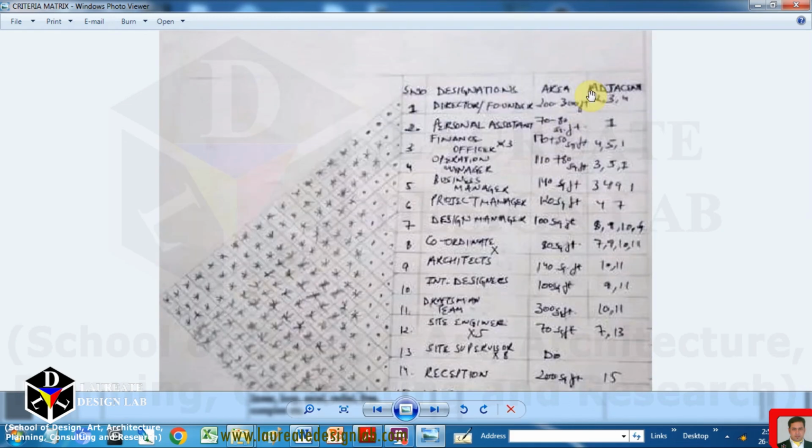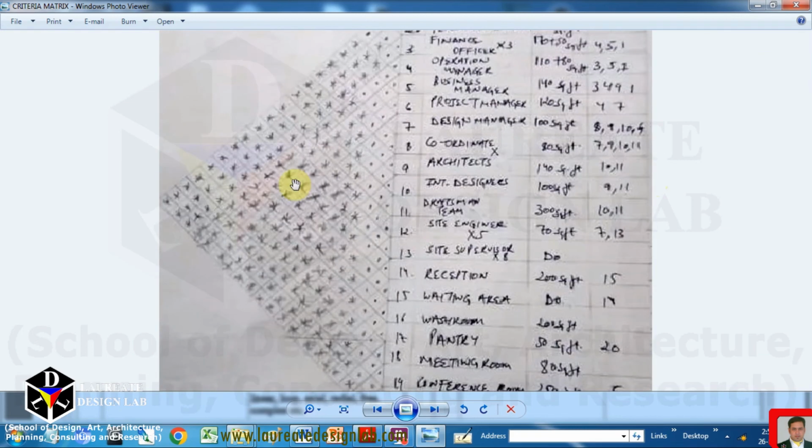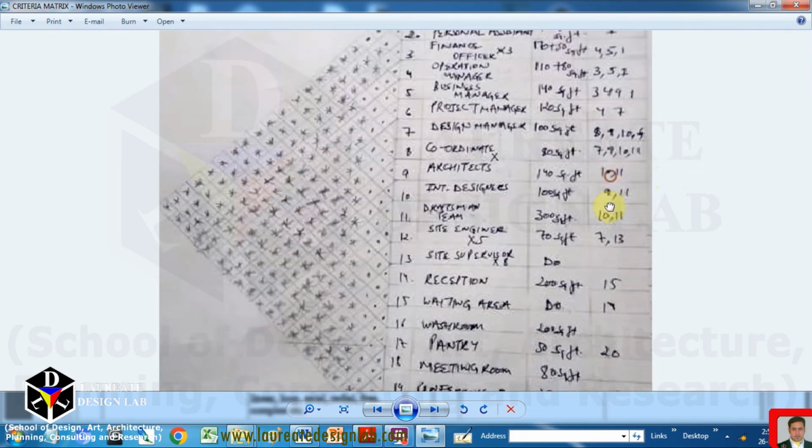Likewise, you can fill 3 different types of symbols so that a person should look at it and decide the adjacency, because the moment you allocate the space, what space should come with what space, what 2 spaces are having very strong working relation, what 2 other spaces are having very less working relation. So to base that in your space planning, we need adjacency.